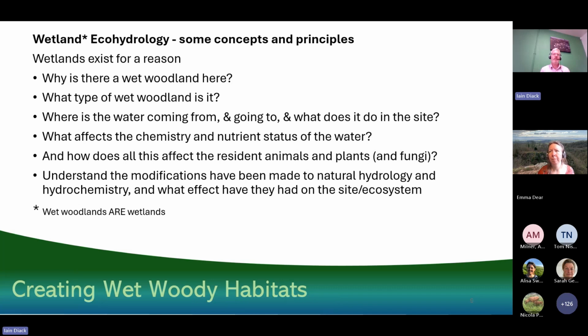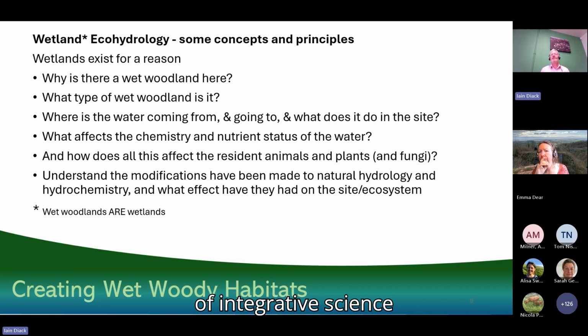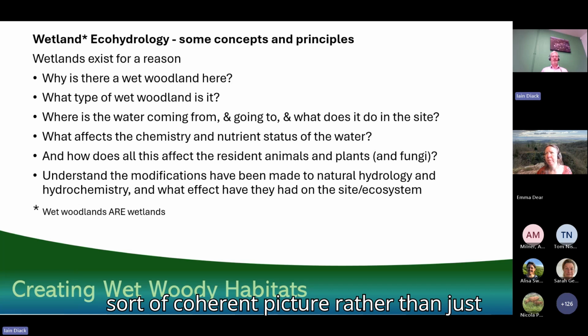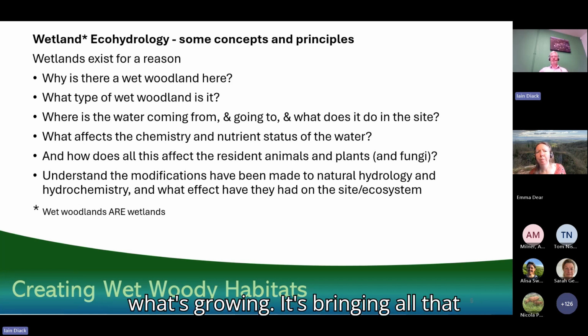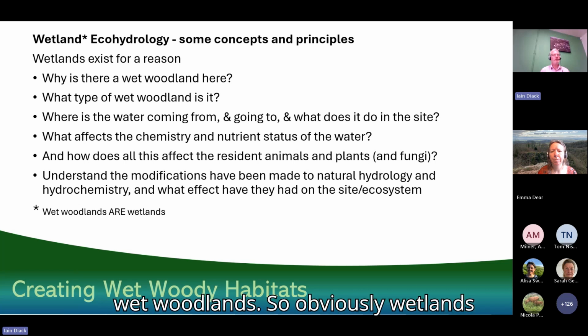But just to say, ecohydrology is a kind of integrative science and looks at how water works within the ecosystem and all the parts of that ecosystem, and tries to pull it all together into a sort of coherent picture rather than just thinking about, oh, what's the water doing, what's growing. It's bringing all that together because there are so many interactions and feedbacks. You've got to think like that to understand wetlands of all sorts, including wet woodlands.